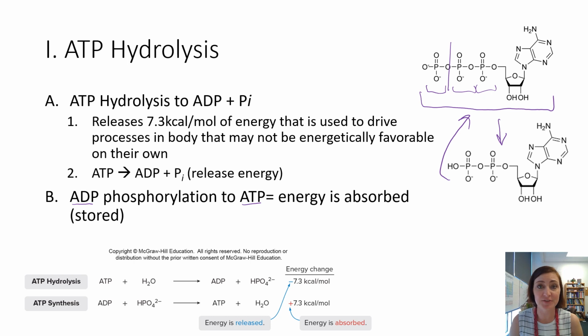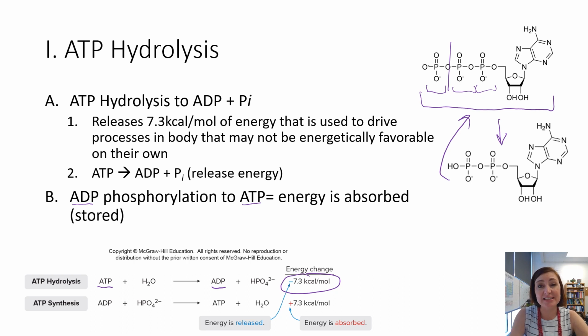We can add a phosphate group on here and reform ATP, therefore recycling the ADP that is our spent energy source. So energy can be absorbed or stored. All right, so just to give you an idea, when we hydrolyze ATP into ADP, that's lower energy, we release energy.